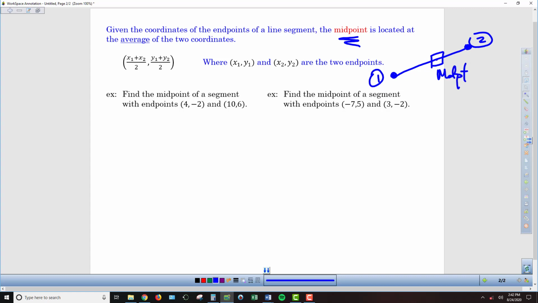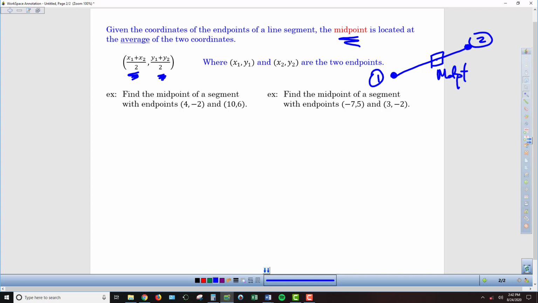Now, the way we apply the midpoint formula is we're basically just taking the average of the x-coordinates. So that's why we're adding x1 plus x2, the x-coordinates of the 2 points, and dividing by 2. And then the y-coordinate of the midpoint is just going to be the average of the y-coordinates. So that's going to put us right halfway in between in the vertical direction for the y's and in the horizontal direction for the x's.